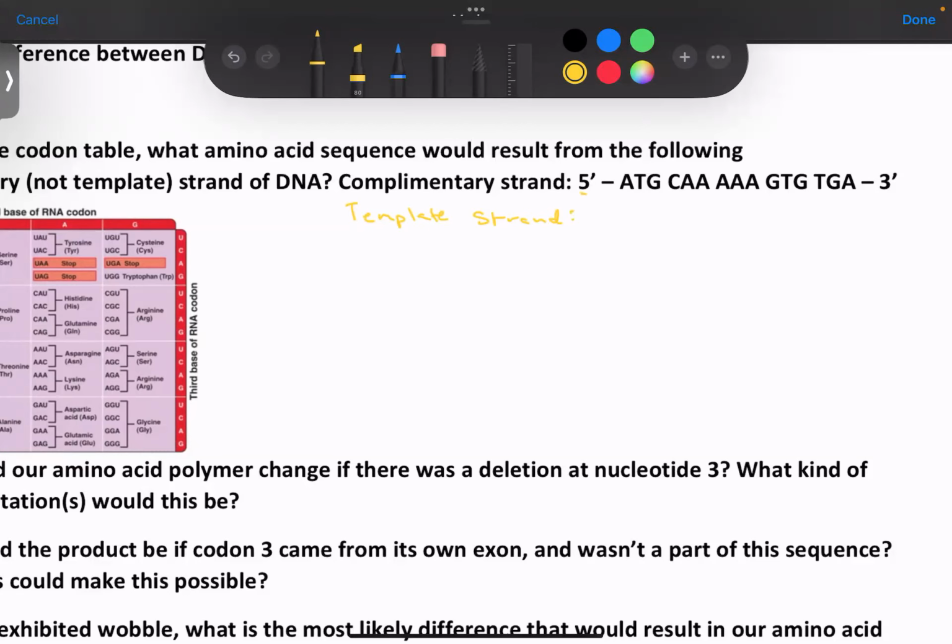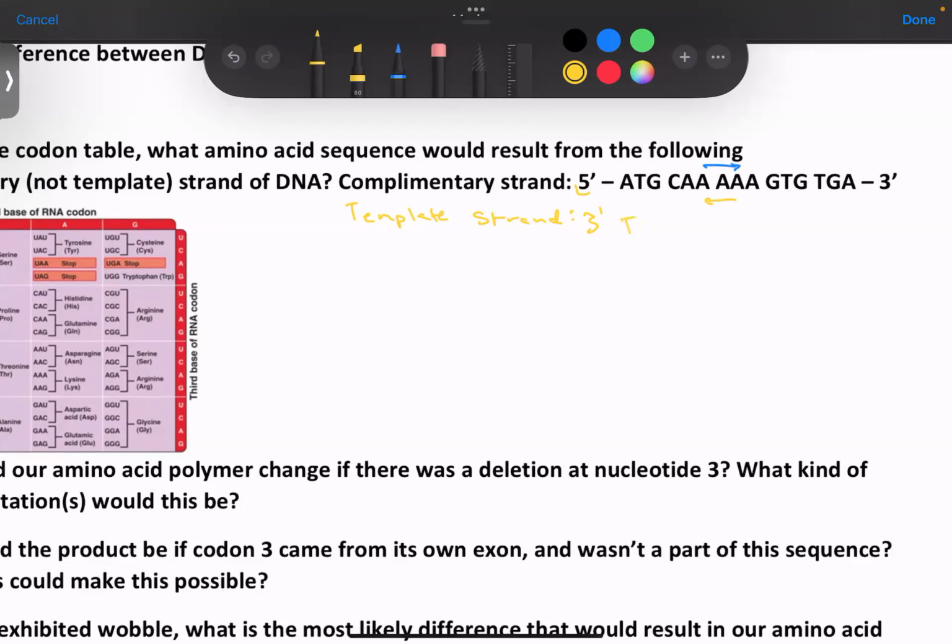So if 5' for the complementary strand is on this left side here, then the left side of the template strand would be 3' because they're anti-parallel, they run in opposite directions. So this complementary strand would be going this way, and the template strand would be going this way. So 5'. So what is the opposite of A? I'm just going to crank this out. Hopefully we know our base pairing rules by now, keeping in mind that this is DNA.